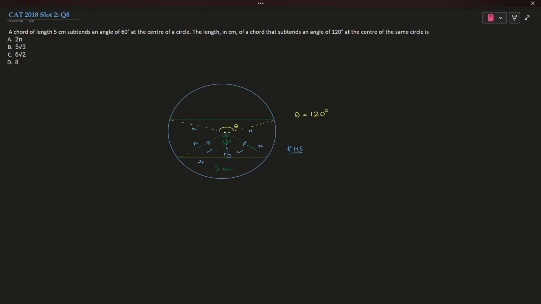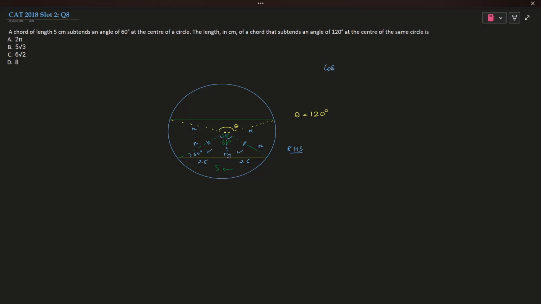That means this will be 2.5 centimeters. This will be 2.5 centimeters. This is 90 degree, right? And I can say this angle will be equal to this angle. So 30 degree, right? It was 60 degree, so it will bisect it. That means this angle will be 60 degree. If I take cos 60, I will get the radius.